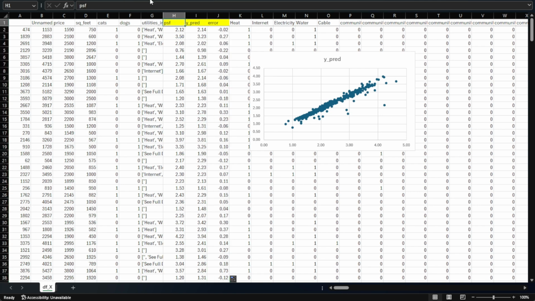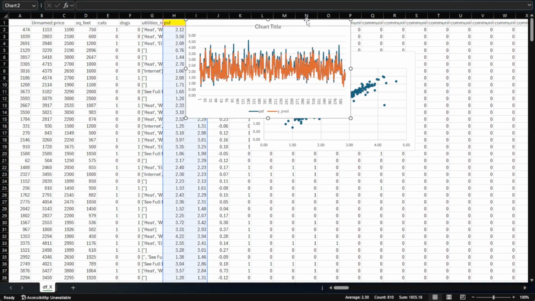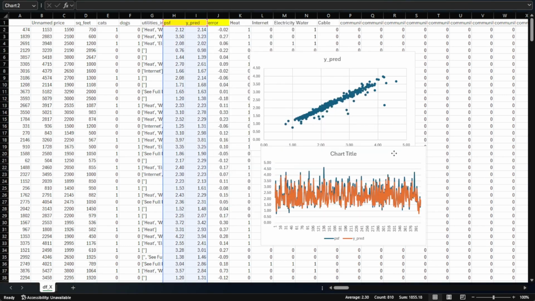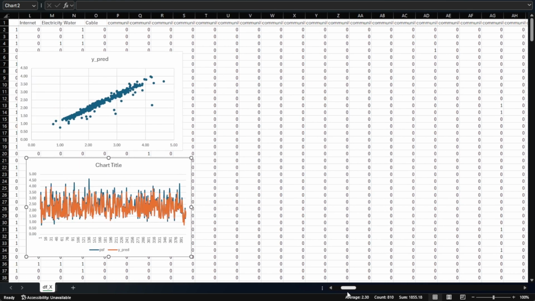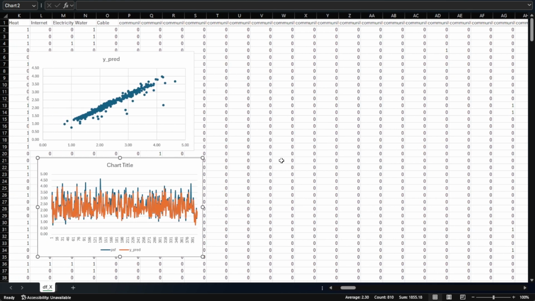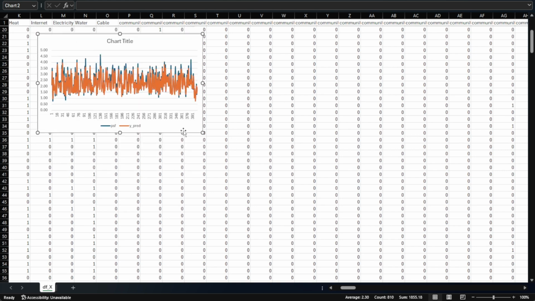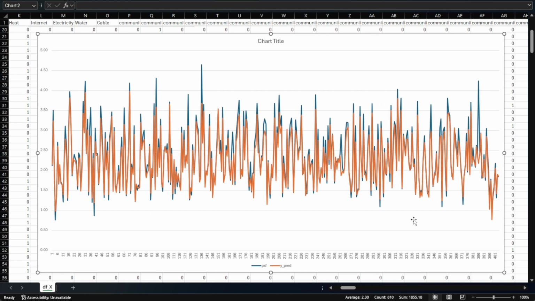Let's try a different chart. Let's just go like this and like this and spread this out a bit. That's kind of scary, folks.